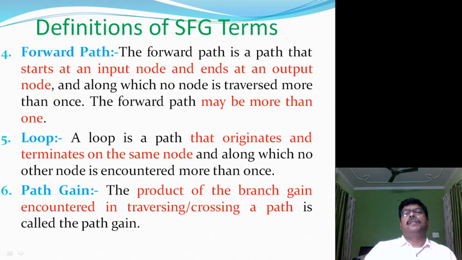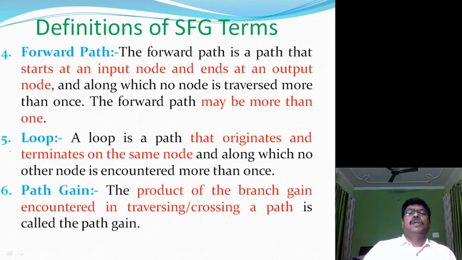Now forward path: the path that starts at an input node and ends at an output node, along which no node is traversed more than once. In any signal flow graph, forward paths may be more than one.